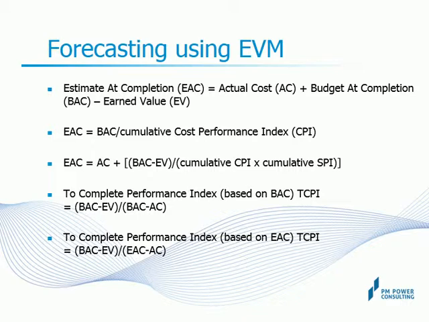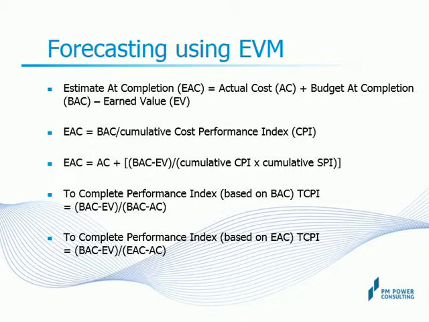To reiterate, option 1 implies that the remainder of the project will go on as per original plan, regardless of the results achieved till date in terms of earned value and actual cost. If the actual project performance till date is not satisfactory, this option sets the expectation that somehow the project performance will improve. In such cases, this option results in an optimistic forecast.